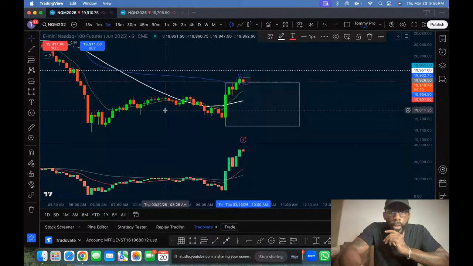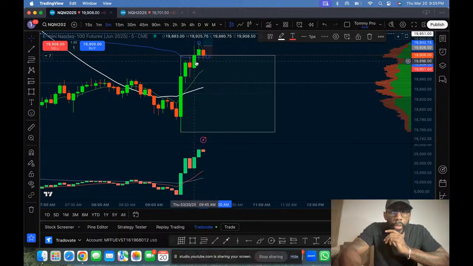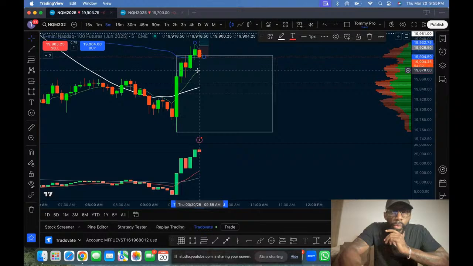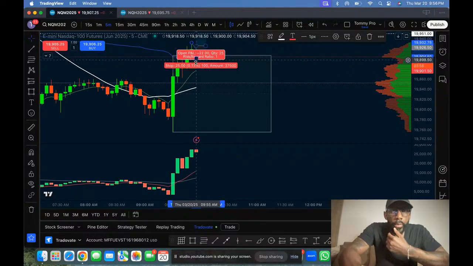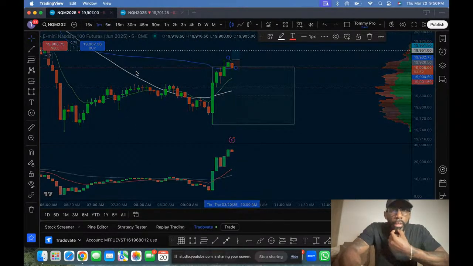On the 5 minute, we didn't quite sweep the last 5 minute candle. So this might be one of those ones where it comes down and then whips back up real quick, but I'm just not convinced. I like to see more momentum.